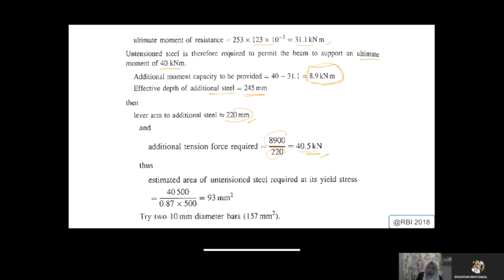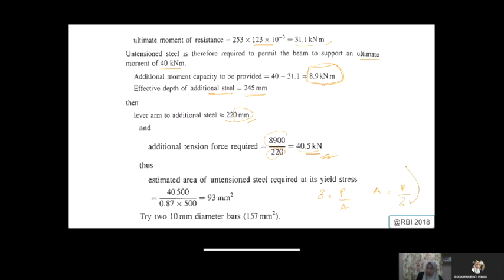Okay, so once you know the force, you will estimate the force required is around 40.5 kilonewton. You divide with the strength, because you know that stress is P over A. So to know the sufficient area, you just take P over stress.